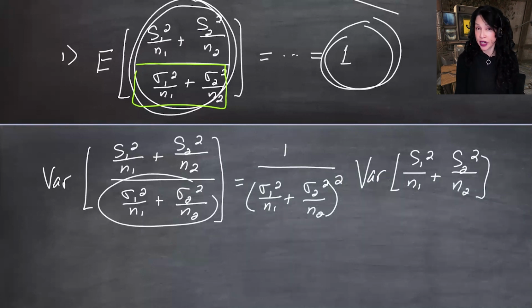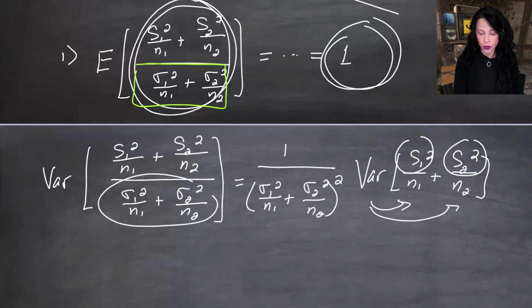Because these are sample variances that came from independent samples, this and this are independent, which means you can run the variance through by independence. I'm purposely being a little bit sloppy and not writing that out here because I don't want to finish your homework problem for you, but the next step would be to run the variance across and say, I can do this by independence of the two samples. Then you might pull out the 1 over n1 and the 1 over n2 from the individual variances, and they will come out squared.